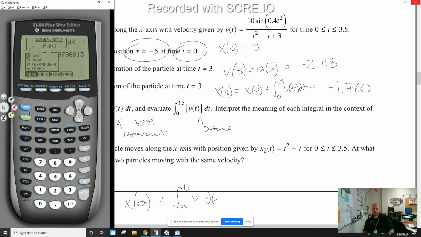Alpha f1, just so it looks pretty. 10 sine 0.4 t squared over t squared minus t plus 3. It takes a little bit longer. 3.341. So there is some point when the velocity is negative, because the displacement and the distance are different.